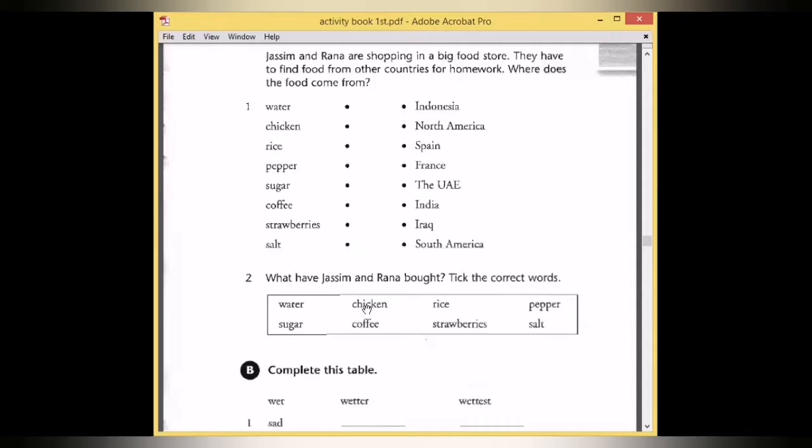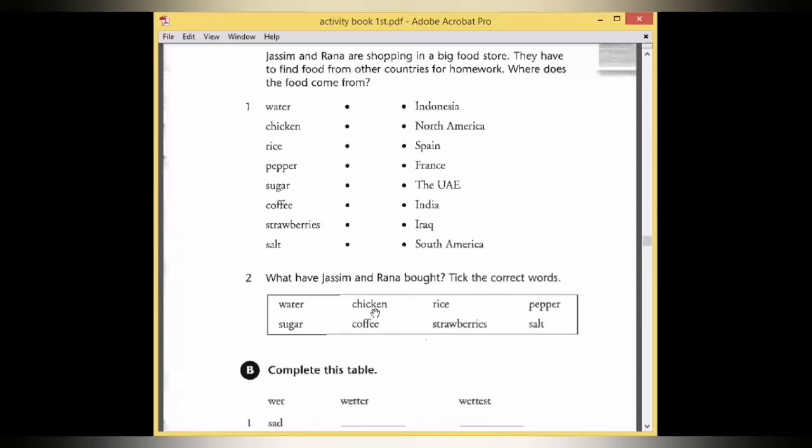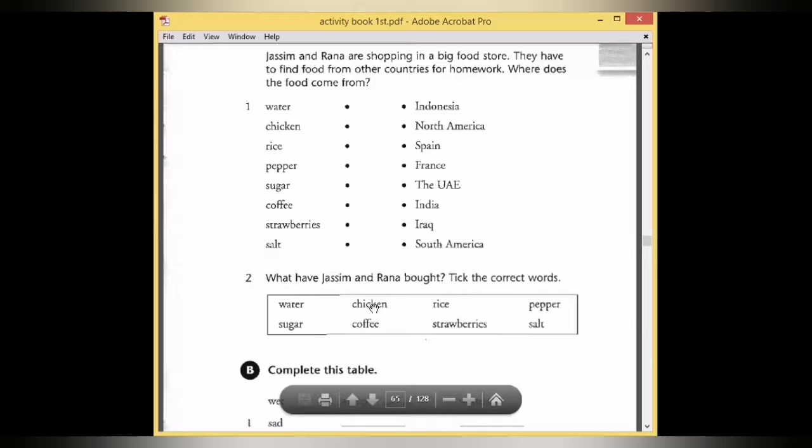And strawberries. And coffee. Yes, rice. And what else? And sugar. So, strawberries, chicken, rice, sugar, coffee. Where's coffee? Yes.